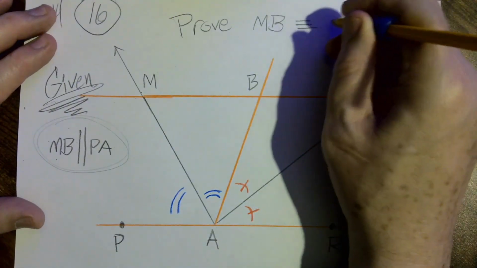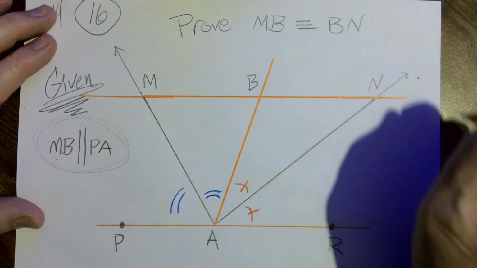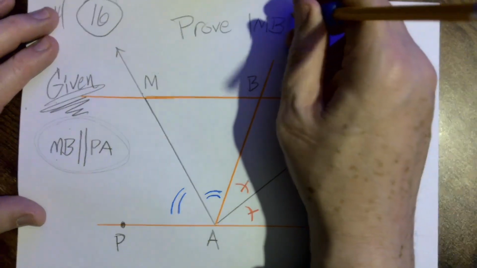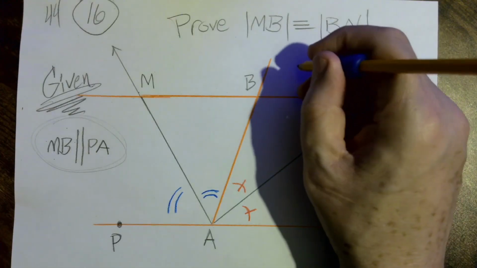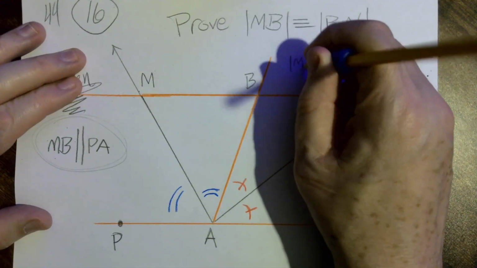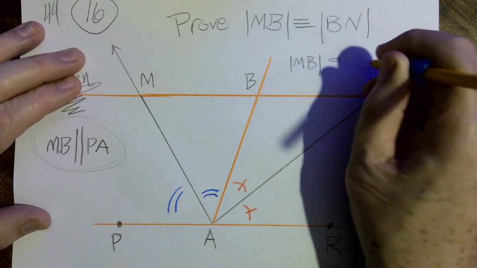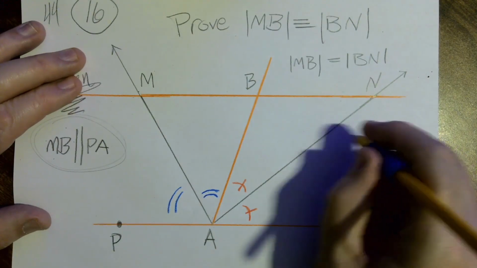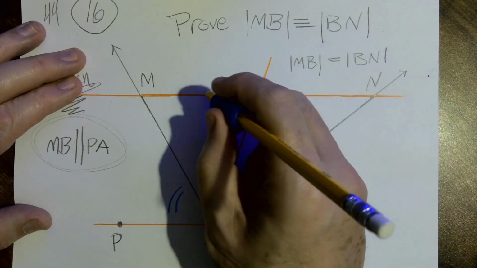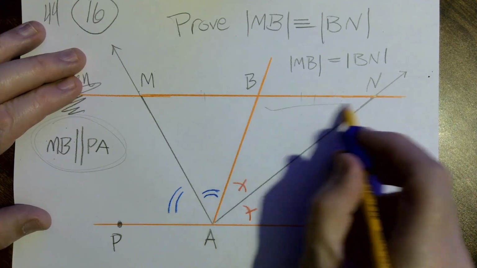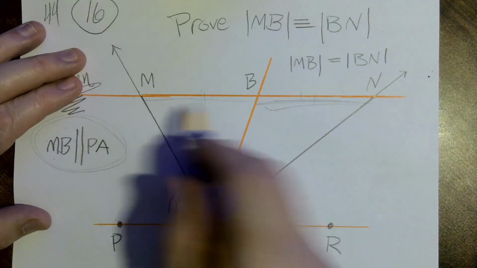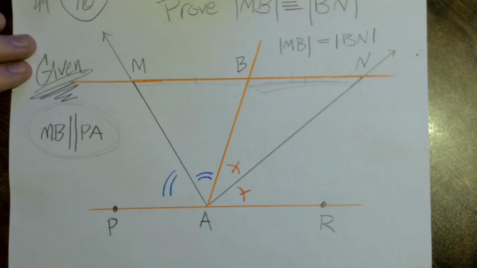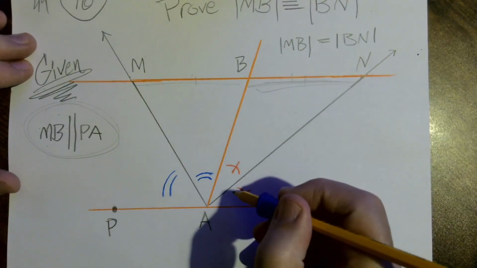We are to prove that MB is congruent to BN. Or the measurement of that. I suppose if we're using measurement, we're talking about number, length, we can use the equal symbol. We're to show that this is the same length as this. That and that. So how do we go about that?